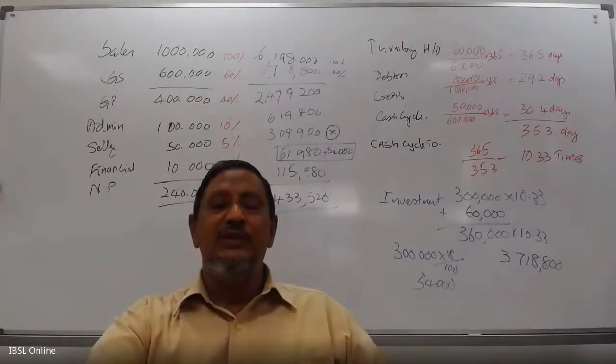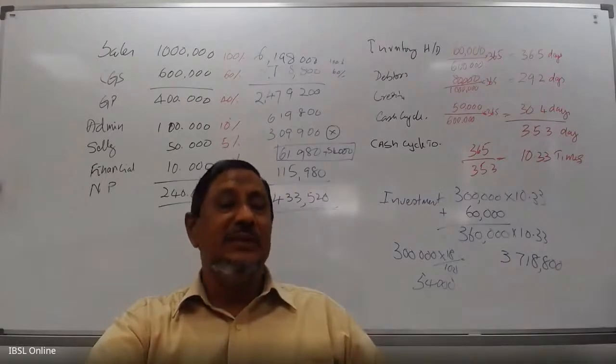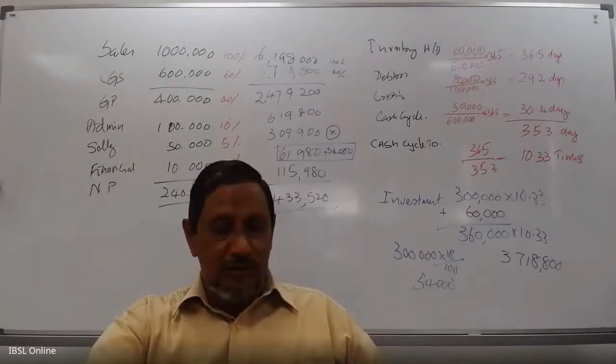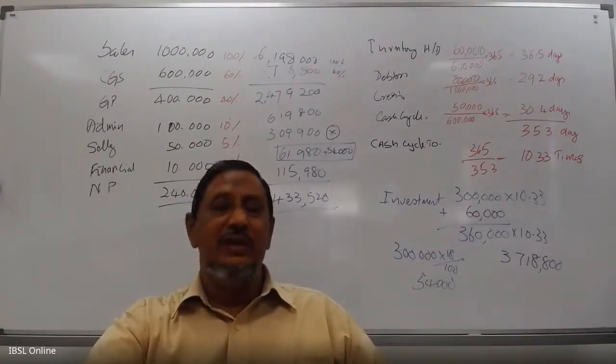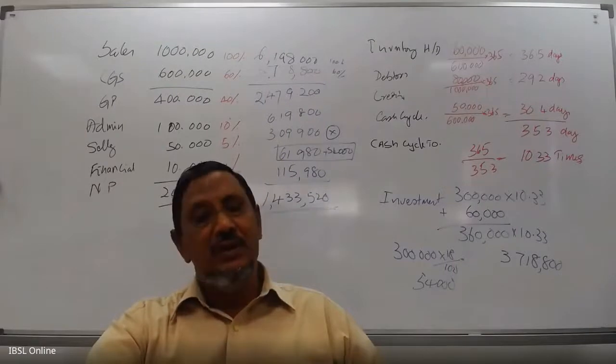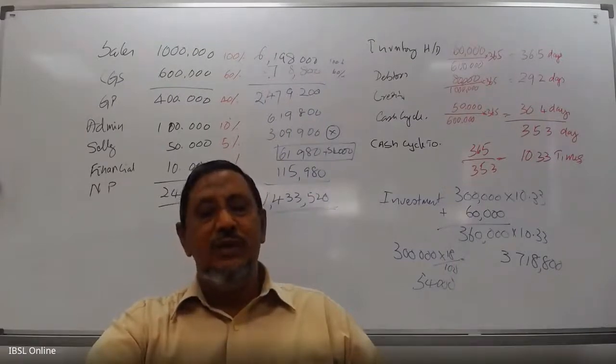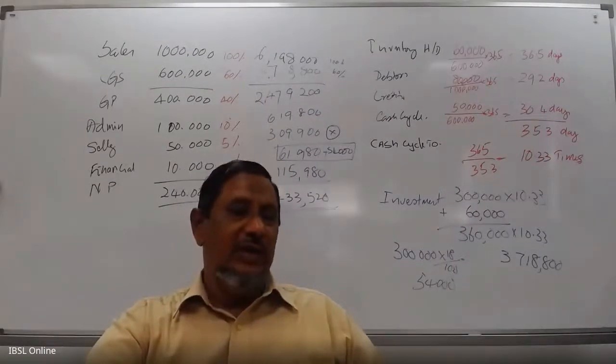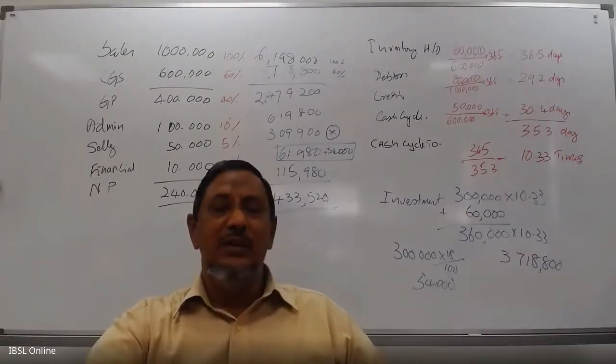We discussed 3 methods: horizontal method, vertical method, and the ratio analysis method, and next the strategic method we discussed. So any question, you can jot down and we can discuss that problem.